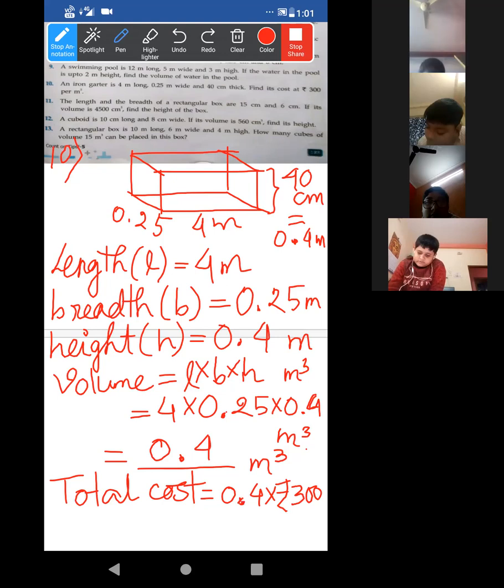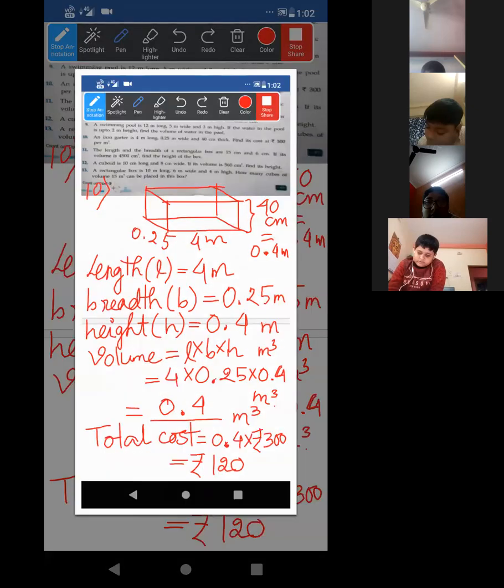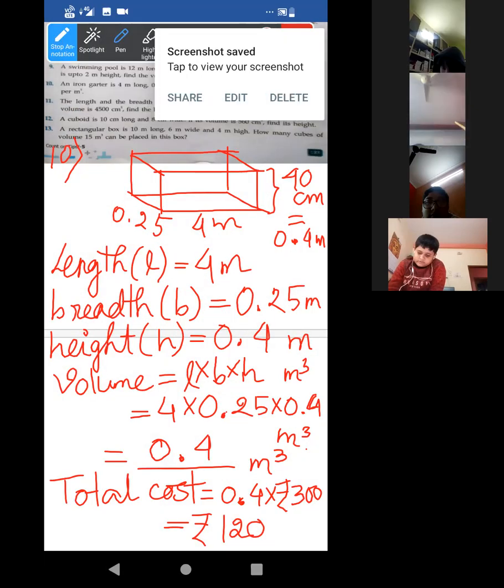Now what will be the answer? This one is correct, okay? Now all the students understood number 10. Ma'am, the questions are very easy.